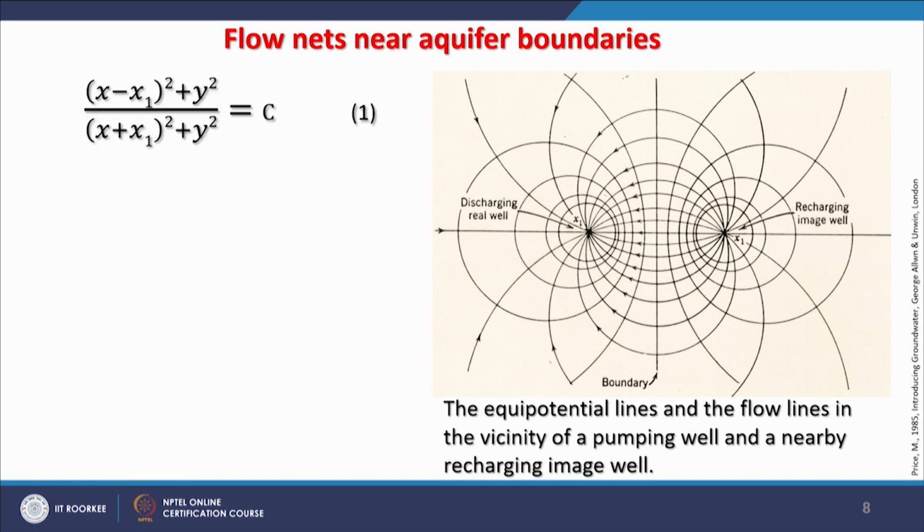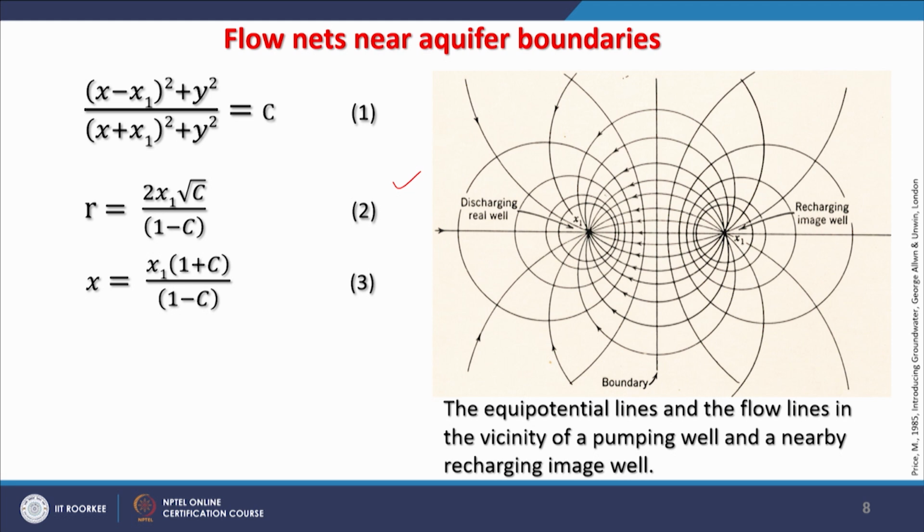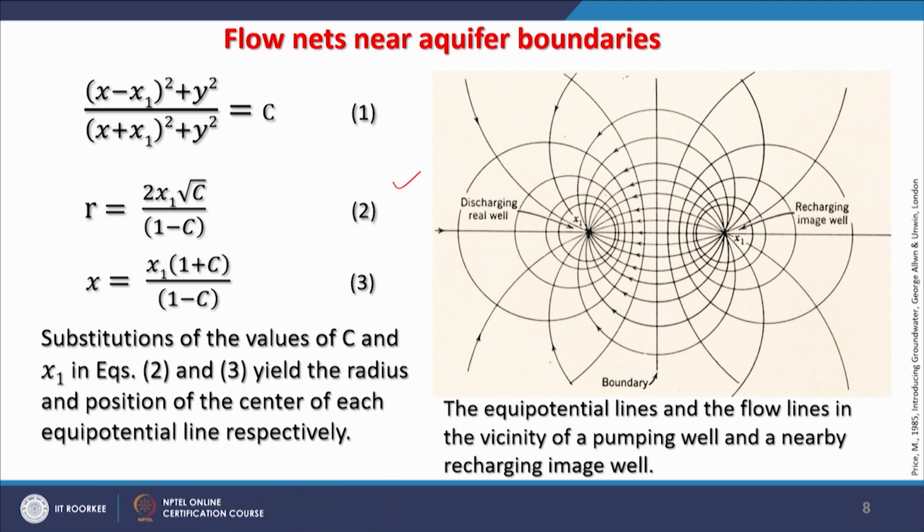So, this equation can then be changed to get r and x as well. Substitution of the values of C and x1 in equations 2 and 3 will yield the radius and position of the center of each equipotential line respectively, and these two will give us the positions.